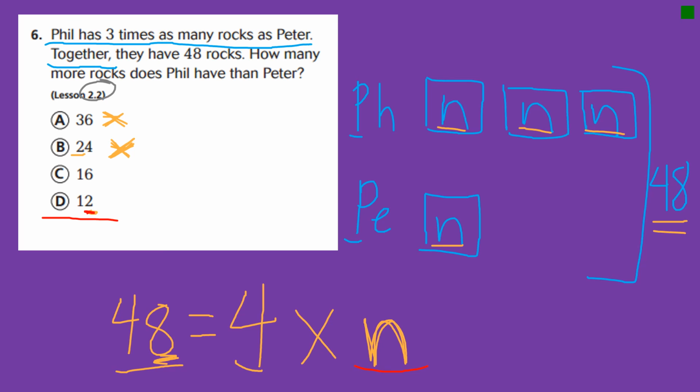That 2 in the ones place, when I multiply it by 4 ones, guess what I'm going to end up with in the ones place? Let's do it right here. 12 times 4. We're trying to get 48. 4 times 2 is 8. 4 times 1 is 4. Aha! Okay? So n in this problem equals 12.